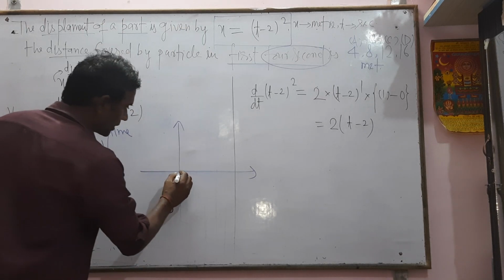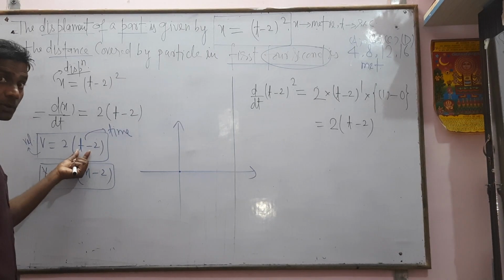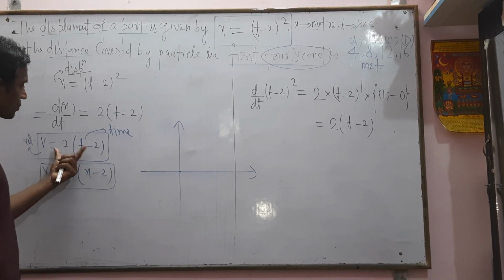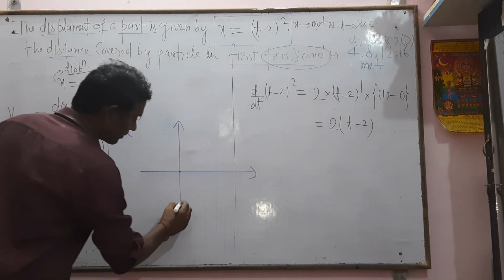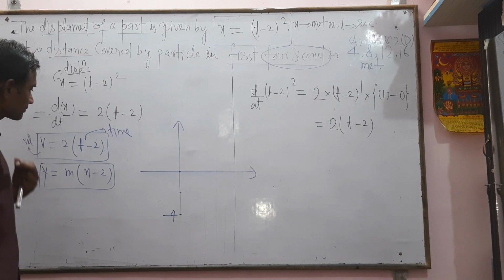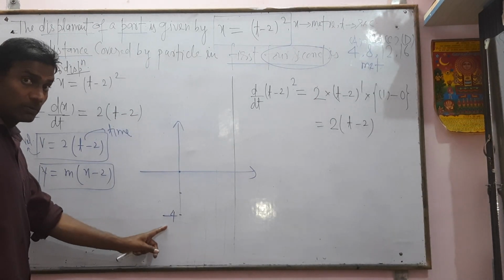If t equals 0, then 0 minus 2 equals minus 2, and minus 2 into 2 equals minus 4. So the velocity value will be minus 4.